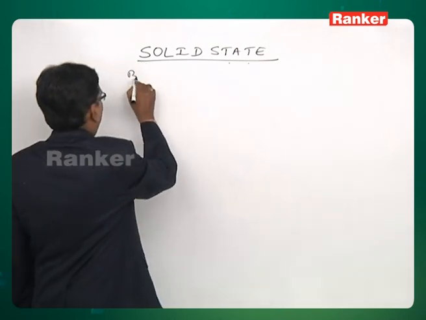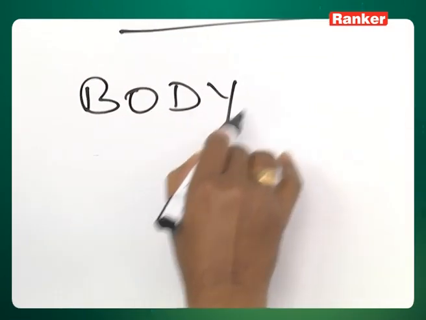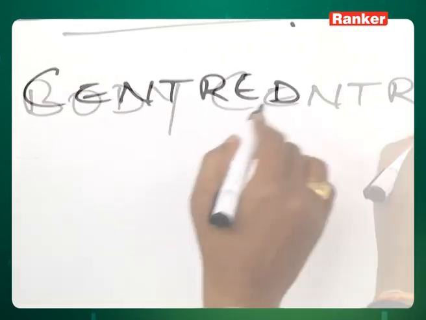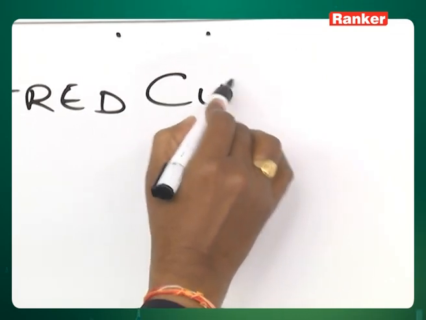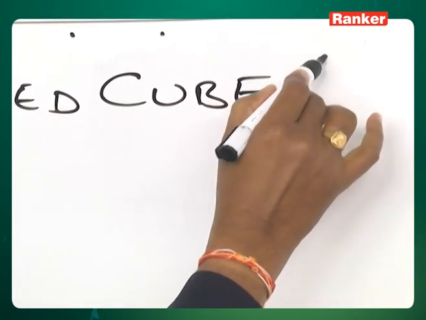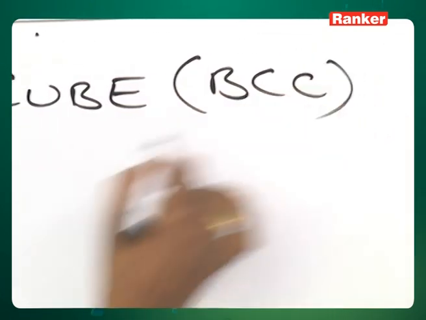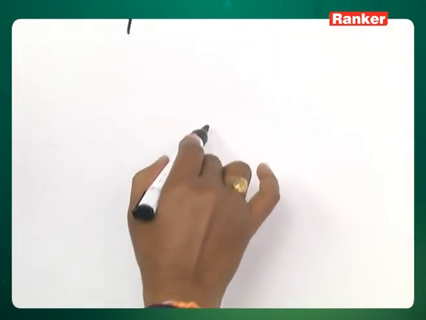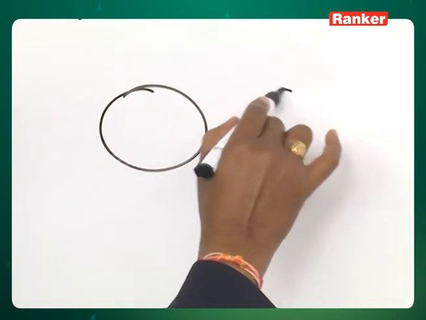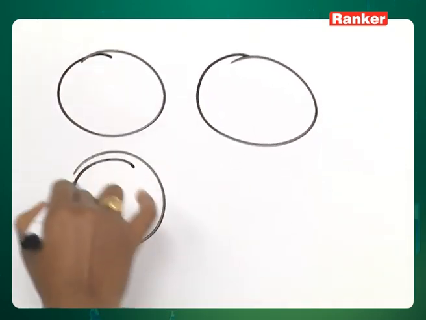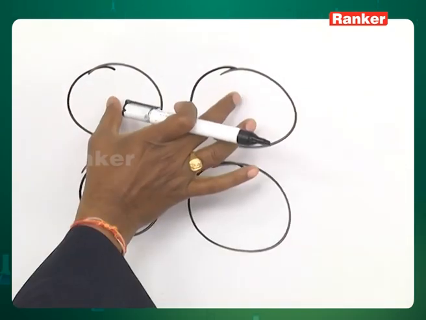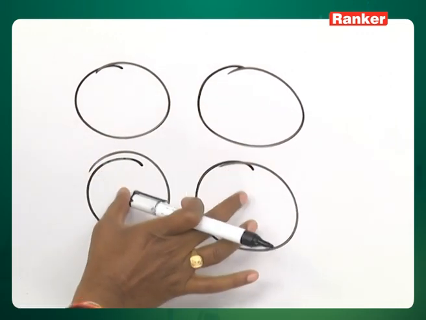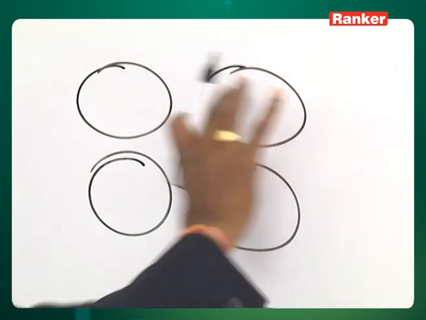So, body centered cube, BCC. BCC means in this, atoms are placed like this. These 2 are not in contact. In the primitive unit cell, these 2 are in contact. Now, these are not in contact.